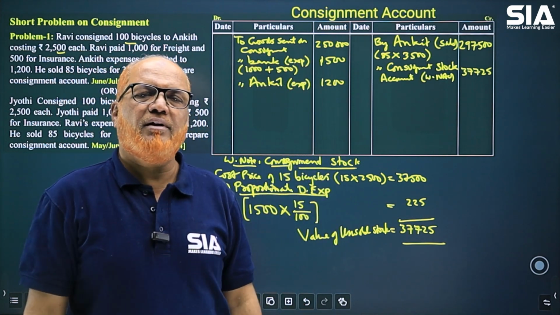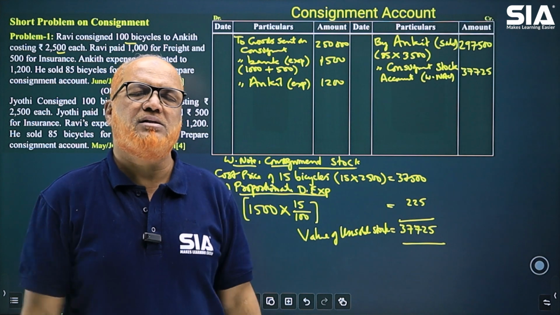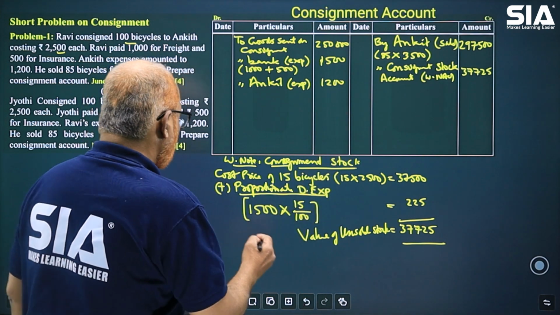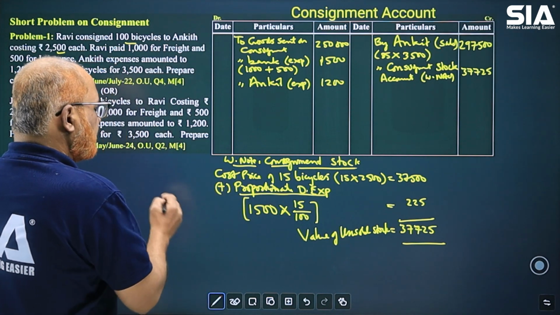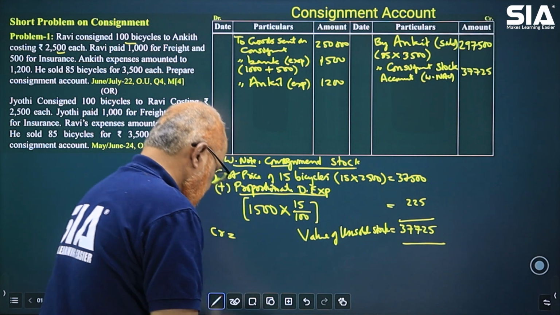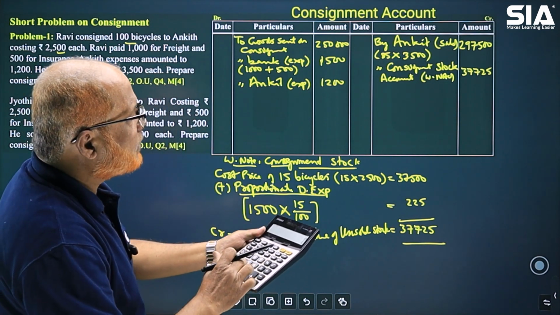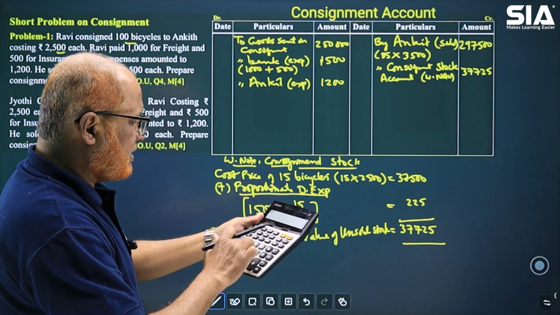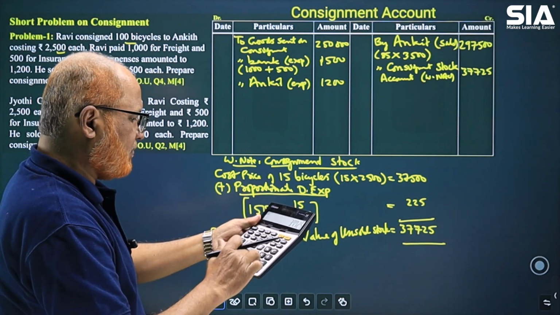Now we need to calculate the profit or loss on consignment. The difference between debit and credit side. So first of all, we find out the total. Credit side total. What is the credit side total? Just we calculate 297,500 plus 37,725.